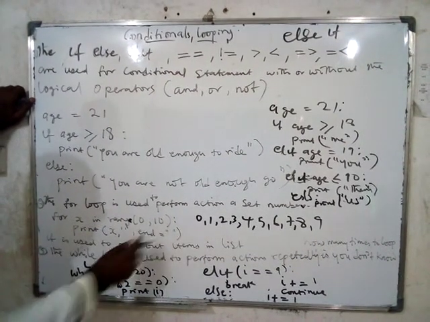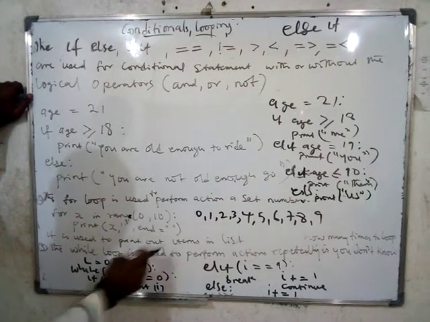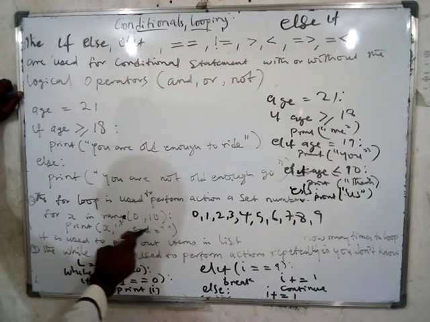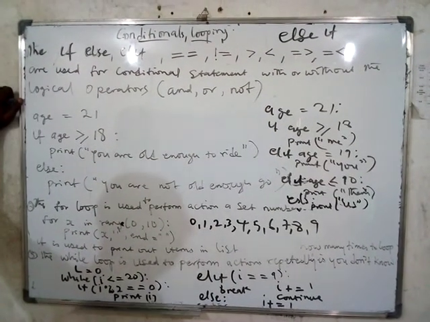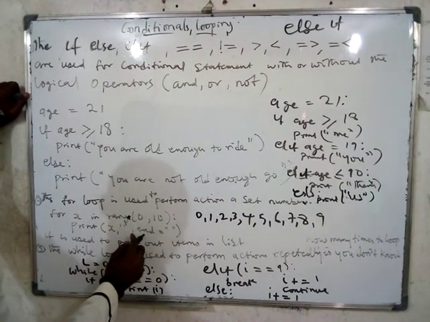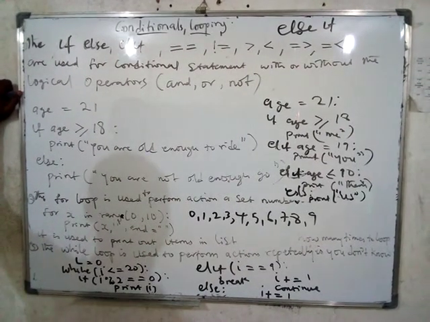Print x, give space, end equal to empty quotes. This simply means print them on the same line. If you don't put this end equal to, it will print vertically instead of horizontally. So when you put end equal to empty quote, it will print horizontally like this.